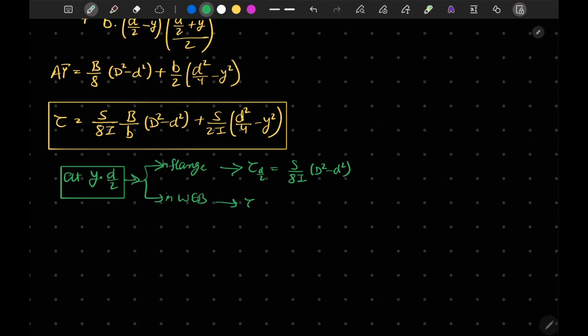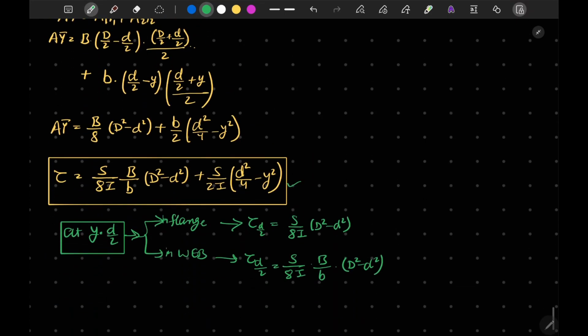And for the web we will use this equation, and at y is equal to d by 2 this term will become 0. So we will obtain S upon 8I times capital B by small b times d square minus d square. So from here we can say that since this ratio is greater than 1, in the web the value of tau at d by 2 is greater than that in the flange.